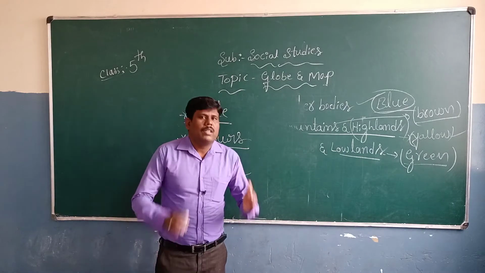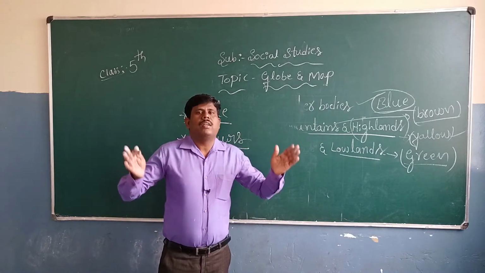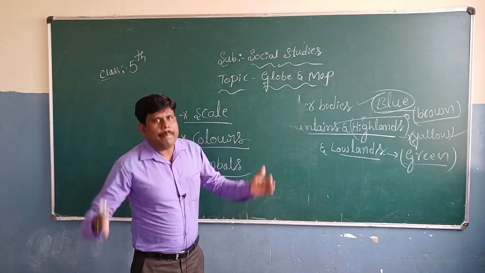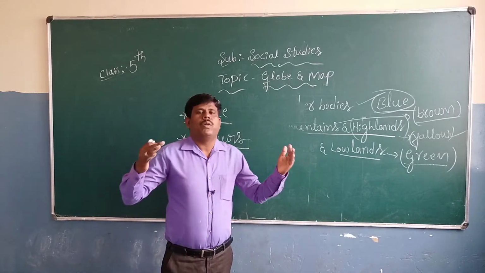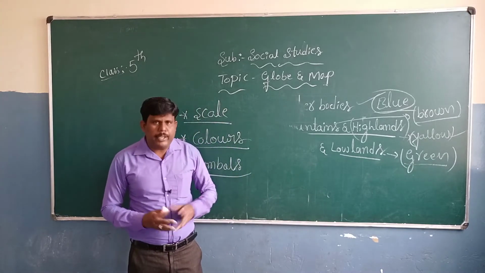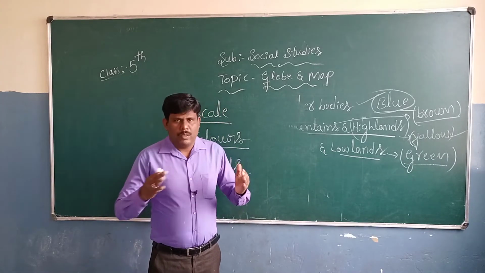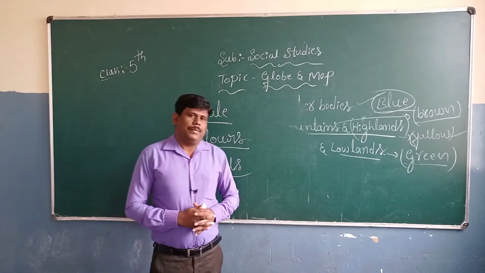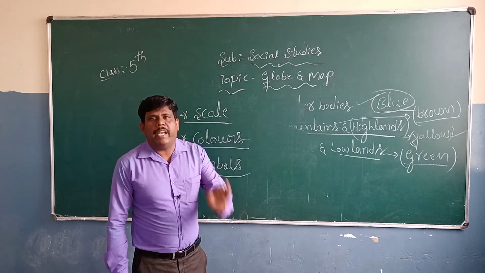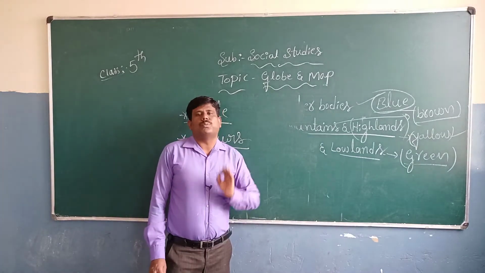They are called conventional symbols. Like that, map and globe are very necessary to study about the earth. These are the best teaching aids in the classroom.